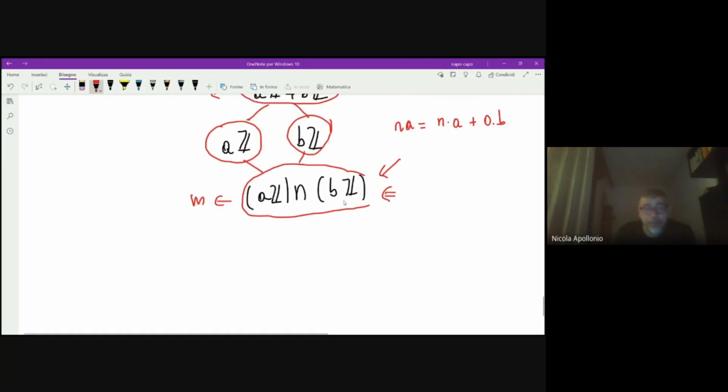This is what we will prove in the next hour: that AZ plus BZ is precisely DZ, where D is the greatest common divisor of A and B. So let us pause for say 3-4 minutes, 5 maybe, and see you in 5 minutes. See you.